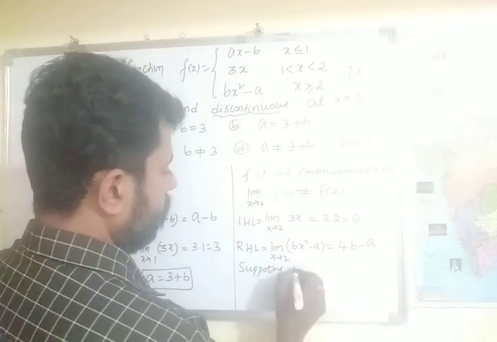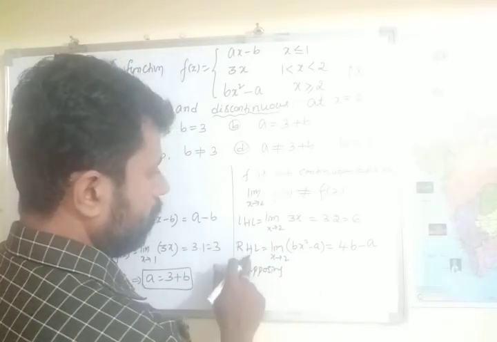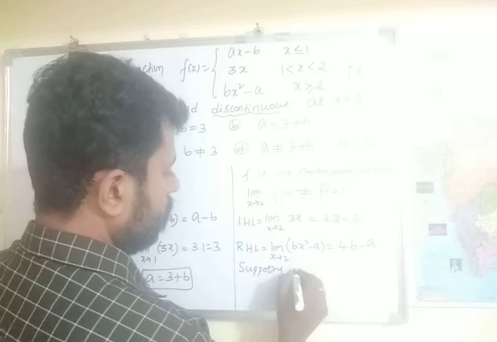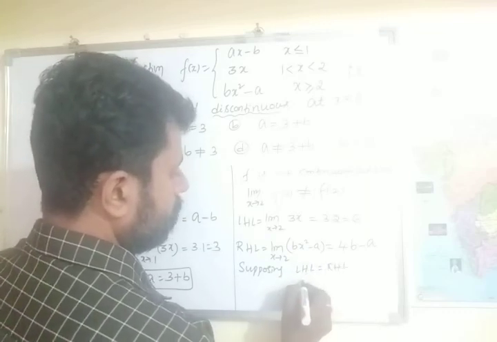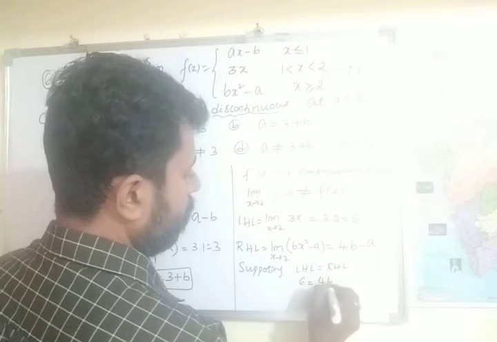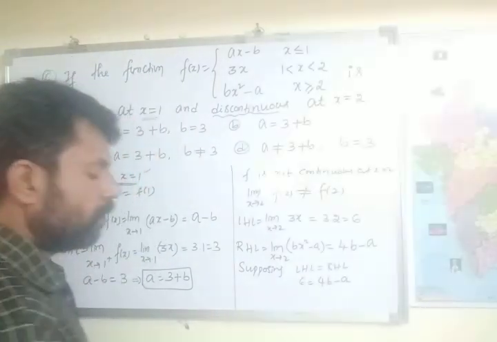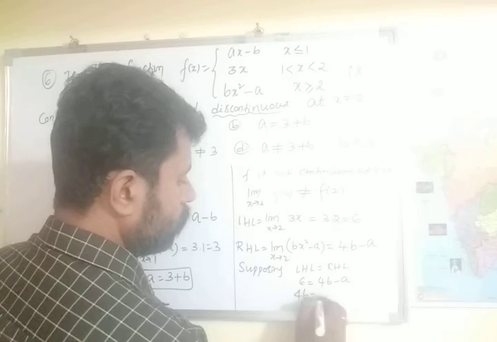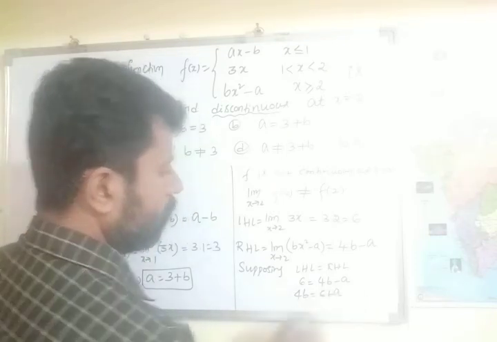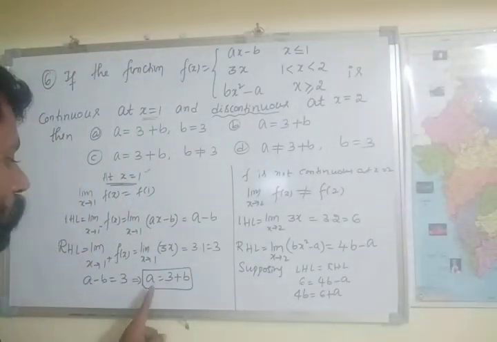Supposing the left hand limit is equal to the right hand limit, here we get 6 is equal to 4b minus a. So 4b is equal to 6 plus a. Now we know the value of a: a is equal to 3 plus b.